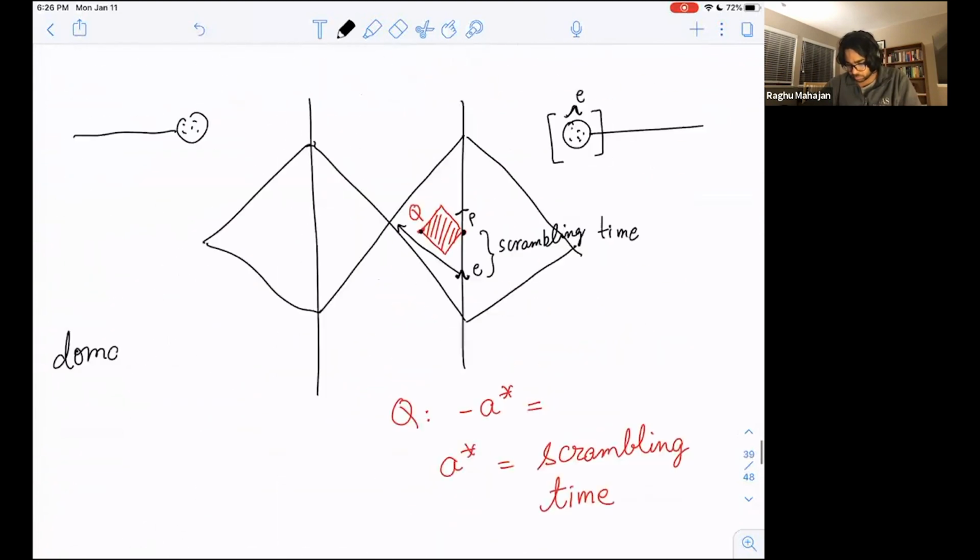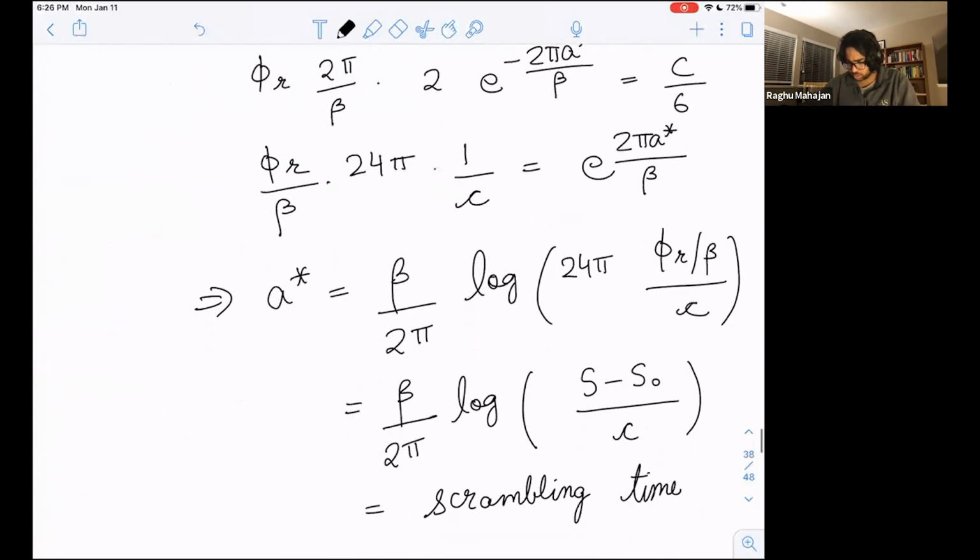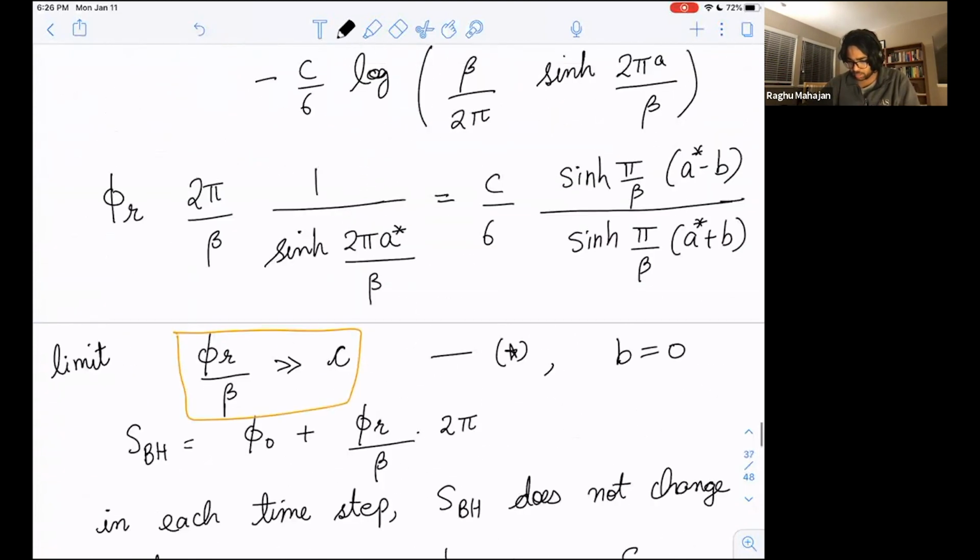For example, if you look at this equation that we had here, this equation that determines A star as a function of B, A star has to be bigger than B because of positivity: the left-hand side is positive, so for the right-hand side to be positive, we must have A star bigger than B. So the condition of the quantum extremal surface being behind the horizon, in this case, translates to the condition that A star has to be bigger than B. That's the most general constraint you can put on the system.